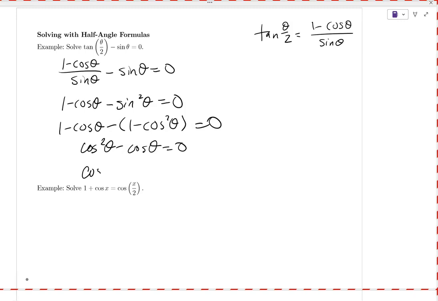Cosine? So we get cosine of theta times cosine theta minus 1 equals 0.